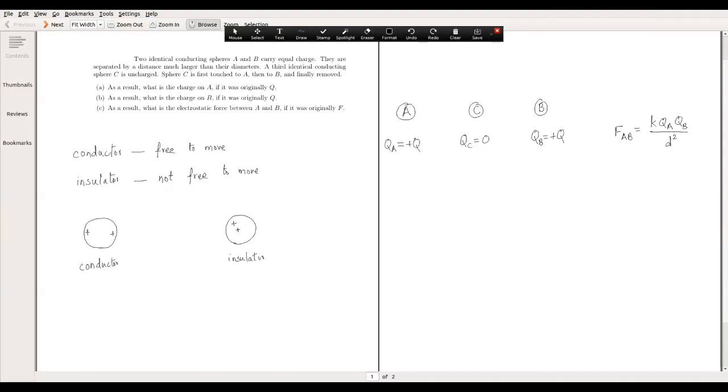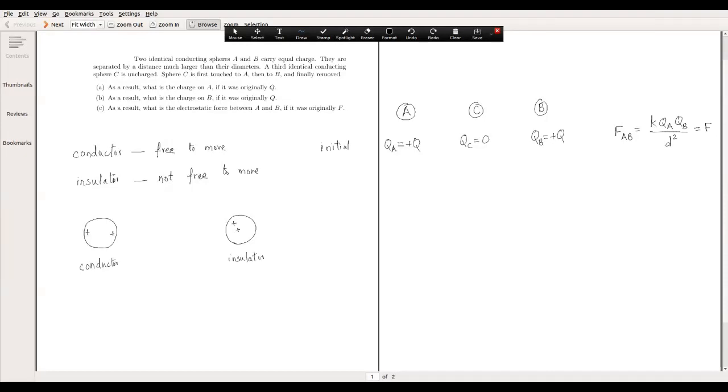And this, we are told, is F. In part C, it is mentioned that this is F. So that's our original scenario. This is where we begin, and let me call this the initial state, just to clarify.